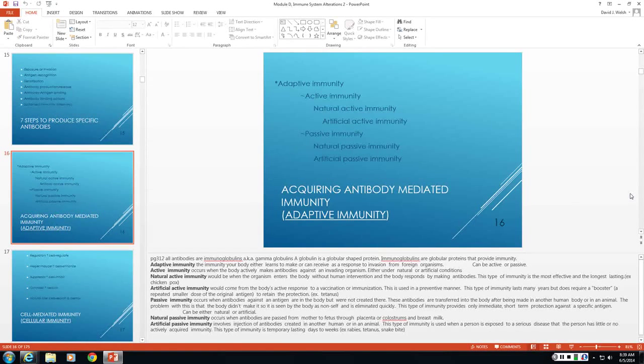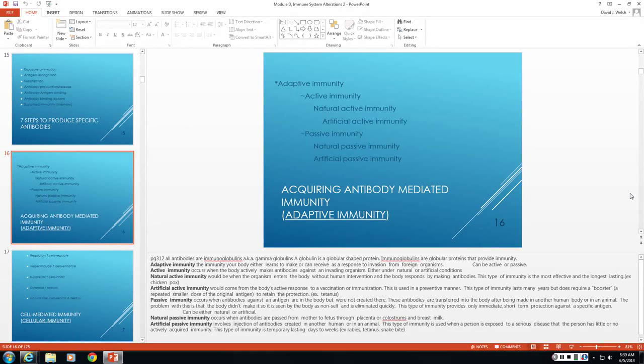So adaptive immunity is the immunity your body either learns to make or can receive as a response to invasion from foreign organisms. Now this can be active or passive. Now your active immunity occurs when the body actively makes antibodies against an invading organism, either under natural or artificial conditions.